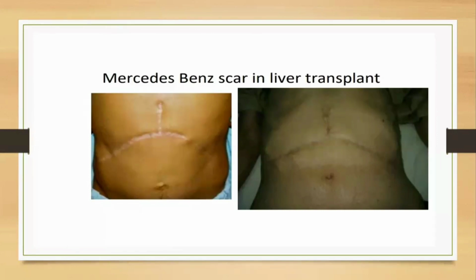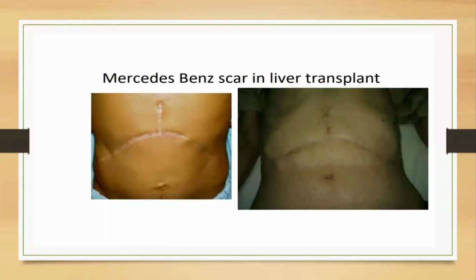And apart from this, you should look for the etiology, the underlying cause of liver transplant. For example, if there are any tattoo marks present, that will give you a clue that the underlying cause of chronic liver disease might be chronic viral hepatitis. Or there is any Dupuytren's contracture present, or any evidence of parotid swelling, which might be a case of alcoholic liver disease.